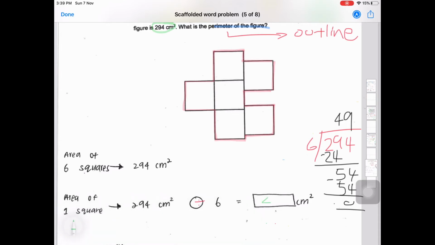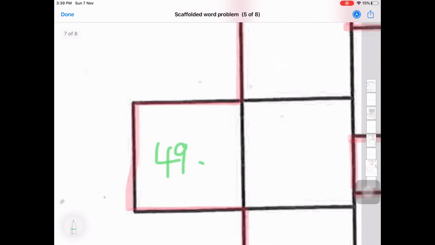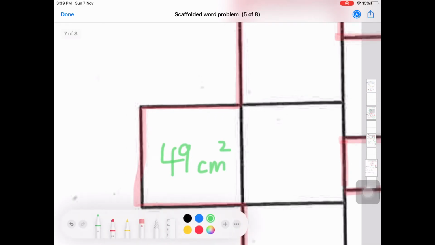One square is 49 square centimeters. So it means that one square has an area of 49 square centimeters. And we know that this is a square, so it means that all 4 sides are equal.